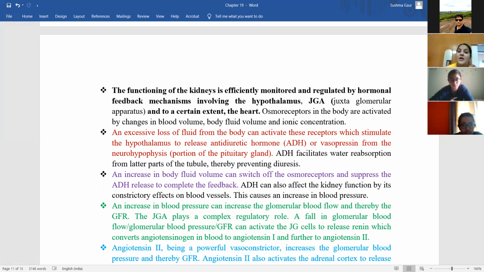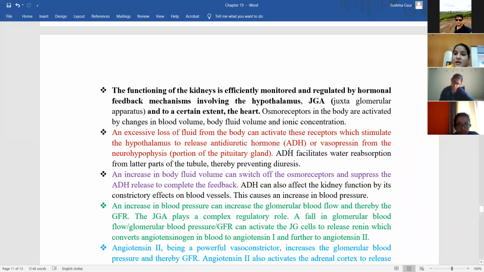This antidiuretic hormone is also known as vasopressin, and it is released from the neurohypophysis, the particular portion of the pituitary gland. So if body fluid is lost, the receptors in the hypothalamus trigger release of ADH, or vasopressin, from the neurohypophysis.